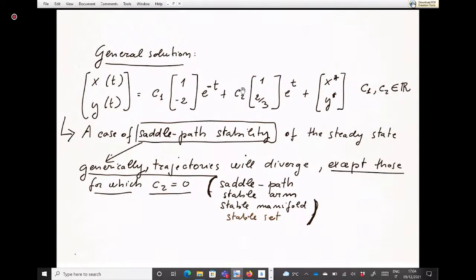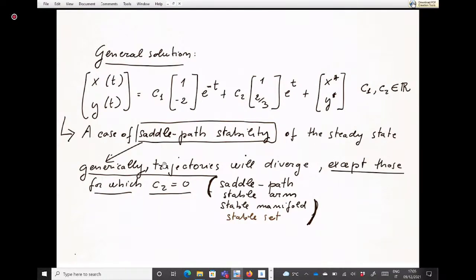Okay? Because if C2 is equal to 0, the effect of the positive eigenvalue is completely cancelled. If C2 is equal to 0, 0 times a term that increases exponentially is 0. In this case, we would have convergence to the steady state.